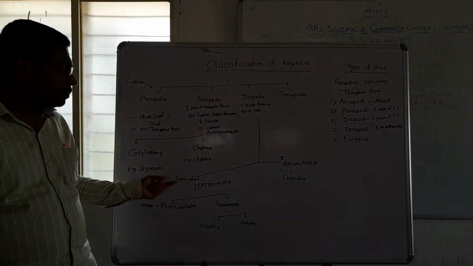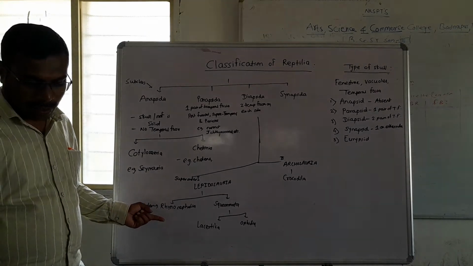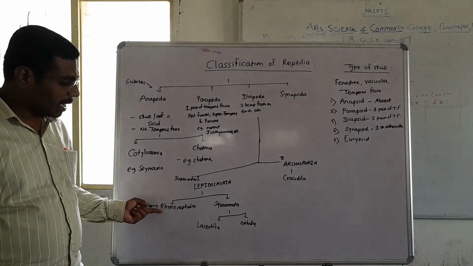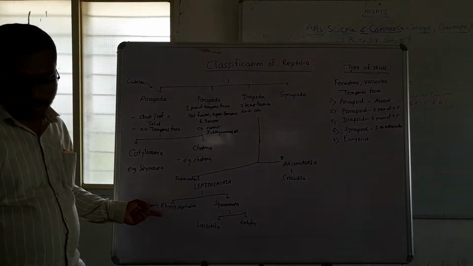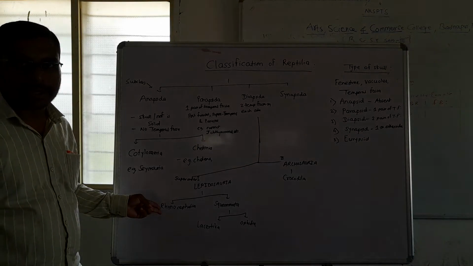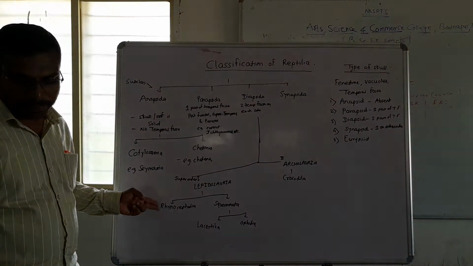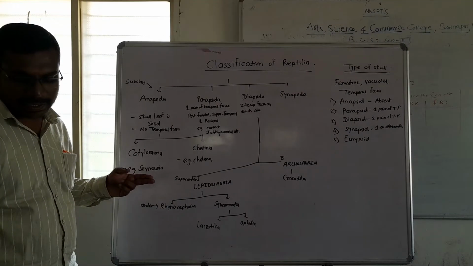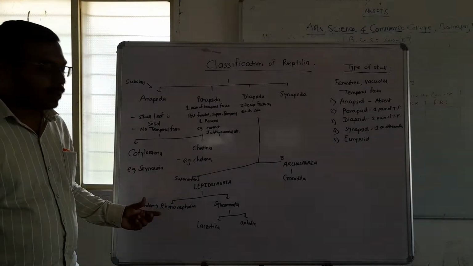Okay. Then we will see order 1, Rhinocephalina, and its characters. It includes two vacuities or two fenestrae. Teeth are acrodentine. It has a fixed quadrate bone.